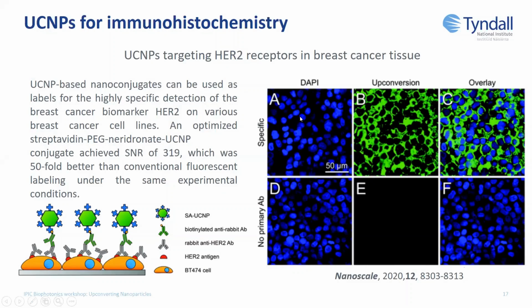So typically, the pathologist would use DAPI to observe whether there is any HER2 within the excised specimen, while in this case, we also had as a comparison the upconverted nanoparticles targeting the HER2. And what was shown is that they actually achieved 50-fold better signal-to-noise ratio than conventional fluorescent labeling.